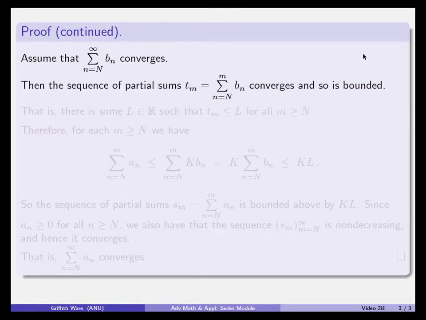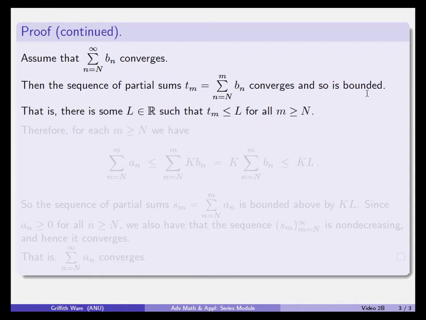By definition, that means that the sequence of partial sums converges, and a sequence that converges must be bounded. So we know that if we denote the sequence of partial sums of the series Bn by T subscript m, it converges, and so it must be bounded. So the sequence Tm is bounded.